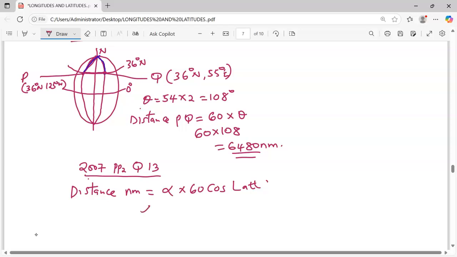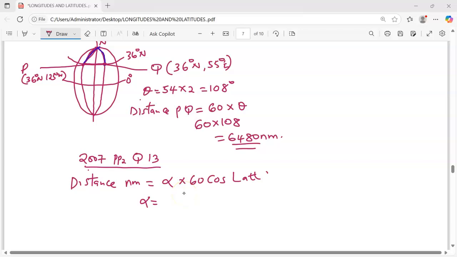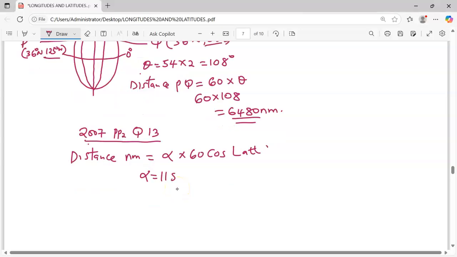To get the alpha, which is the longitude difference, because we have been told one is 118 degrees west and another 133 east, we are going to have 118, we add 133, and this one is going to give us a total of 251 degrees.